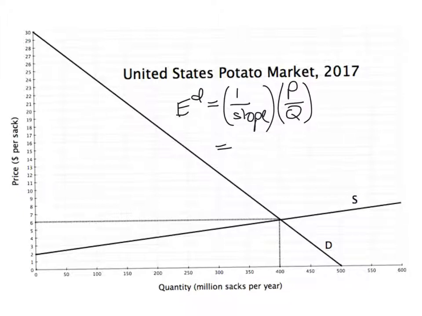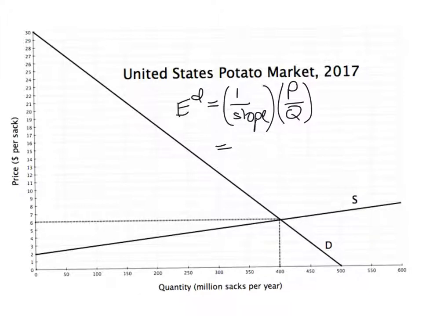That's $30 over 500 million bushels, just looking at the rise from 0 to 30 and the run from 0 to 500 million. And we want 1 over that, so we're going to take 500 million divided by $30 and see what that looks like.